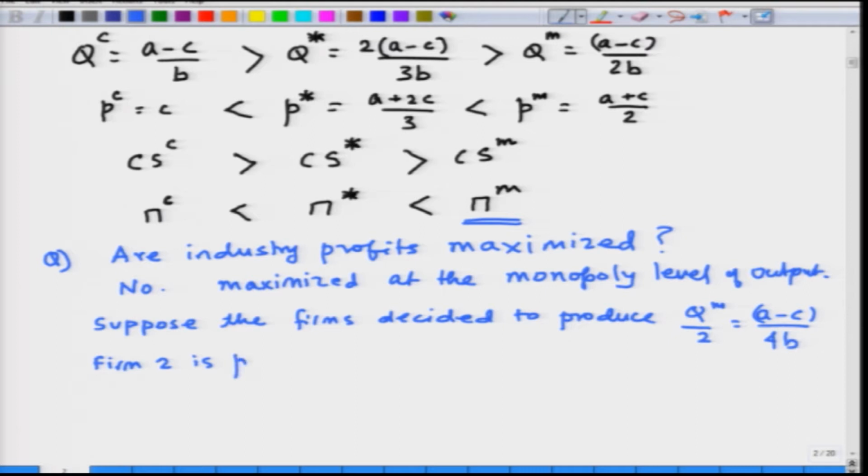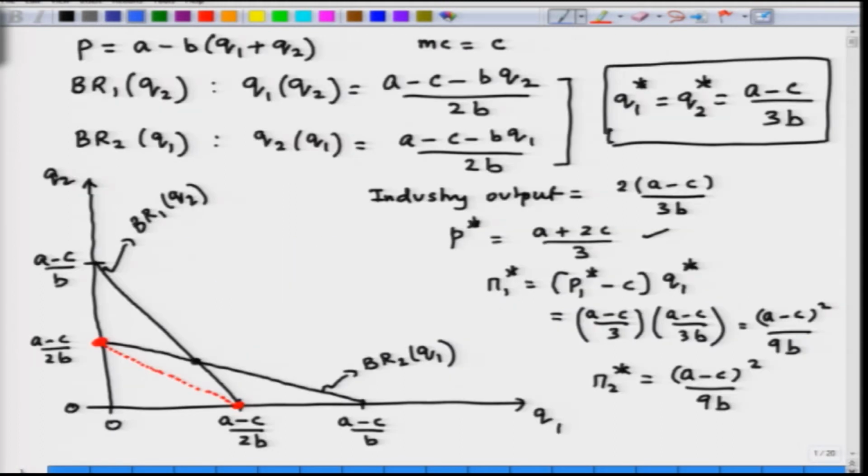is producing (A - C)/4B. In other words, if I go to the previous graph, (A - C)/4B is somewhere here. So, let us say firm 2 is producing (A - C)/4B, and firm 1, which had earlier agreed to produce (A - C)/4B, let us ask whether firm 1 is going to honor its word or not.